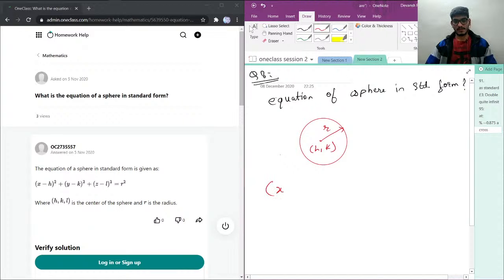Then the equation for the circle was x minus h whole square plus y minus k whole square equals r square.